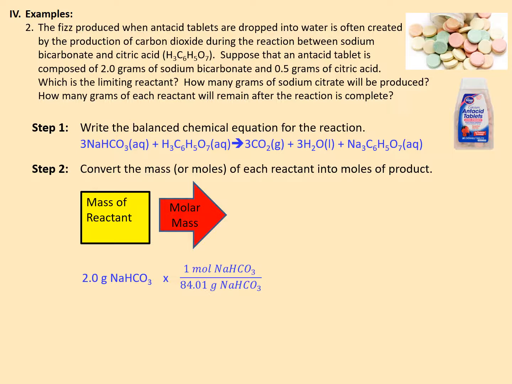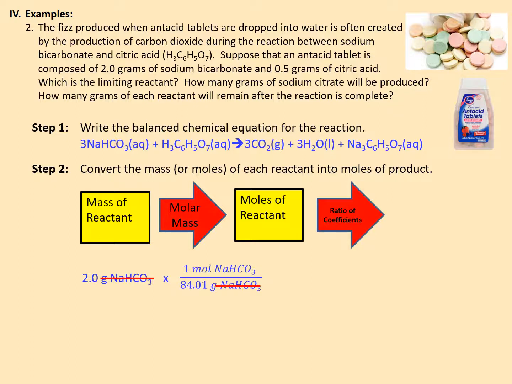So we're going to divide by that molar mass to convert the grams of sodium bicarbonate into moles of sodium bicarbonate. And then we are now in a position to use the ratio of coefficients from our balanced chemical equation to go from moles of reactant to moles of product.